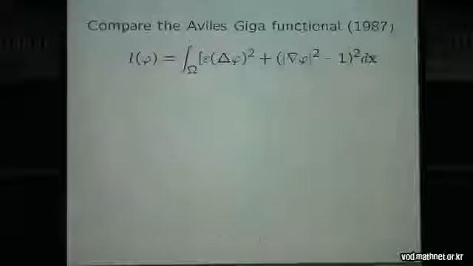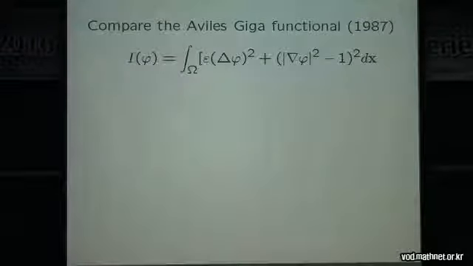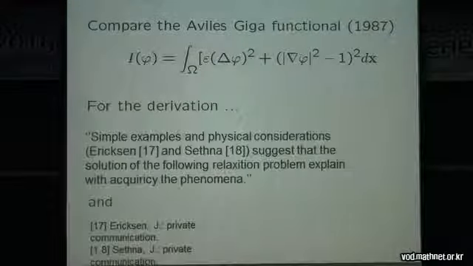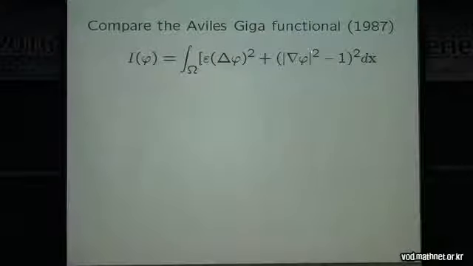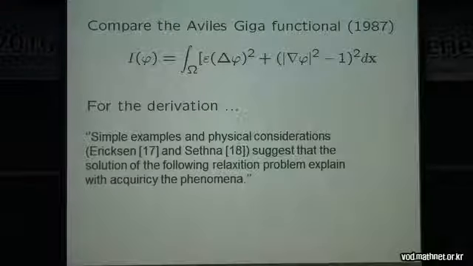Now there's a famous functional, the Aviles-Giga functional, which is quite similar. You could imagine that if you had a big constant out the front here, that would be more or less the same problem, right? It's always said that this is a model for smectics. So I went away to look at the paper, and here's what they say about the derivation, complete with misprints.